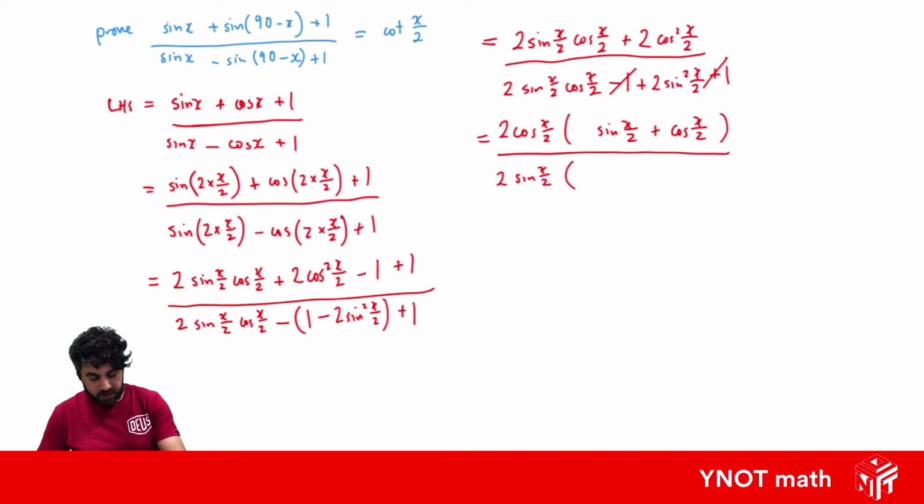And if we do that, we're left with a cos x over 2 plus sine x over 2. Sine x over 2 plus cos x over 2's will cancel. The 2's will cancel. And now we just have cos over sine, which is just cot x over 2, which equals the right-hand side.